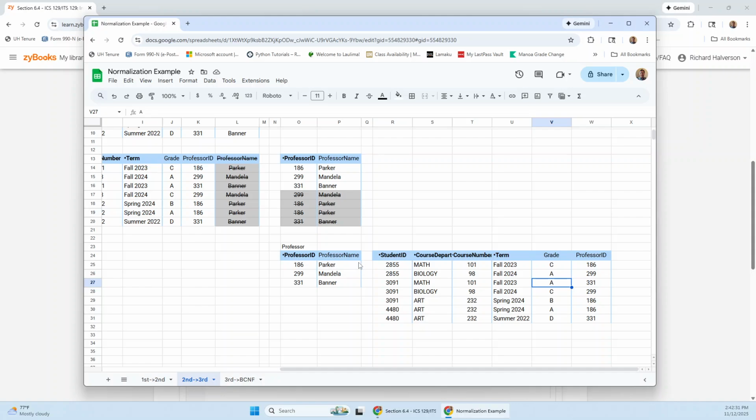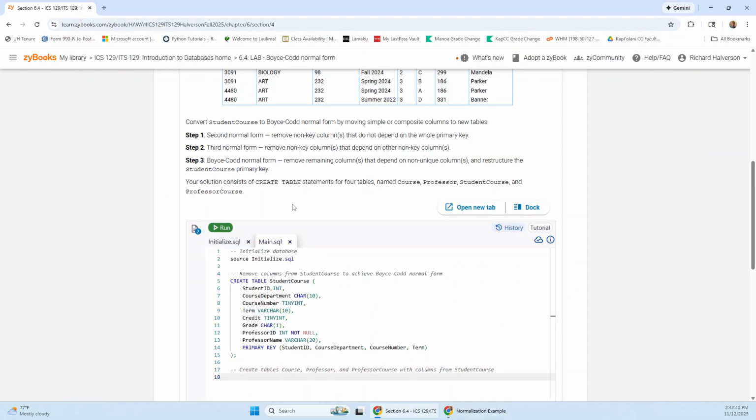We took care of that by pulling out the professor ID, professor name relation. So the last thing we're supposed to do is remove remaining columns that depend on non-unique columns and restructure the student course primary key.